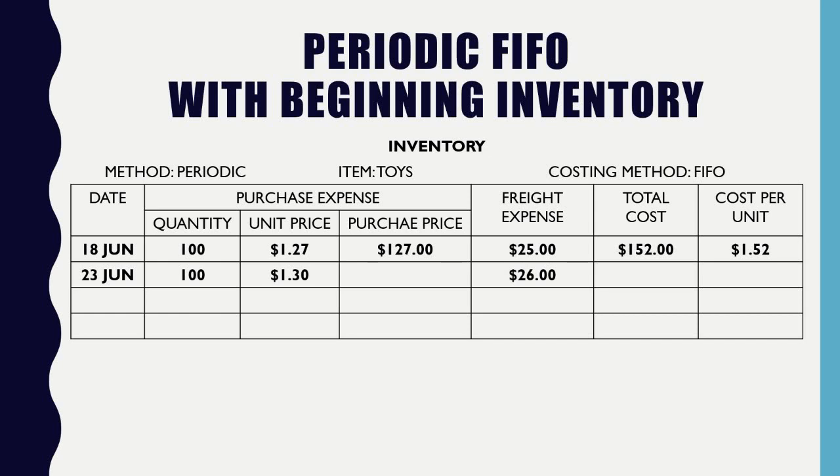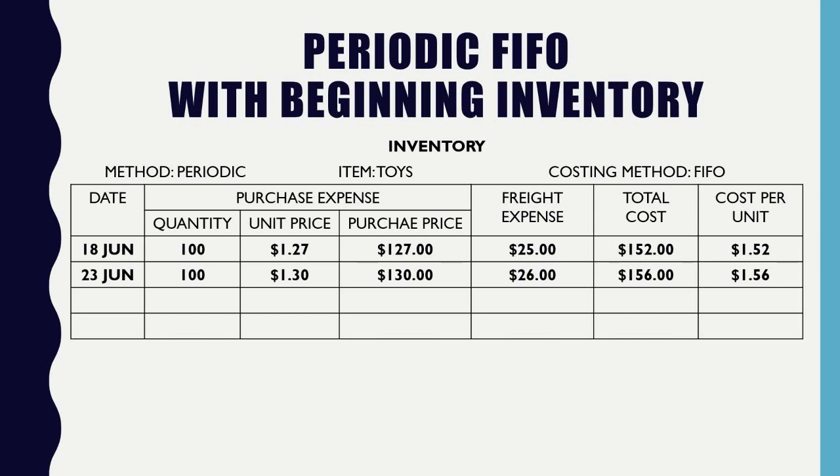Then the next batch that we purchased was another 100 toys at $1.30, which gives you $130, plus your freight of $26 to give you a total of $156. Again, if we calculate the cost per item, it's going to give you $1.56.